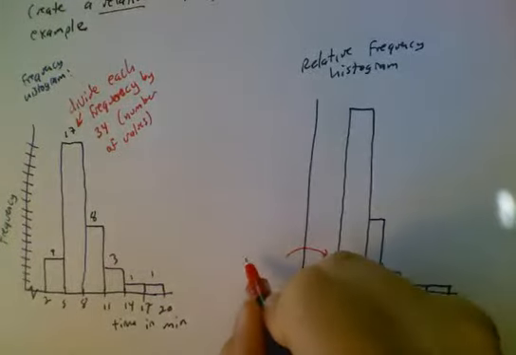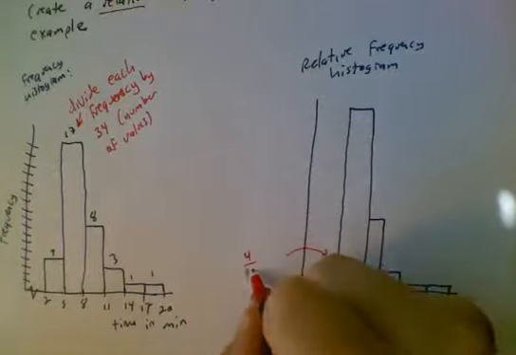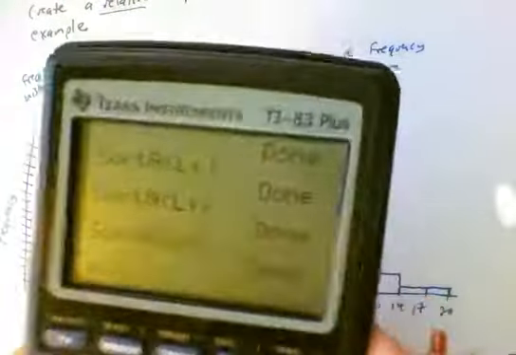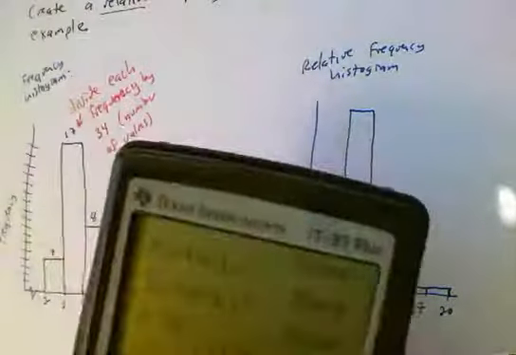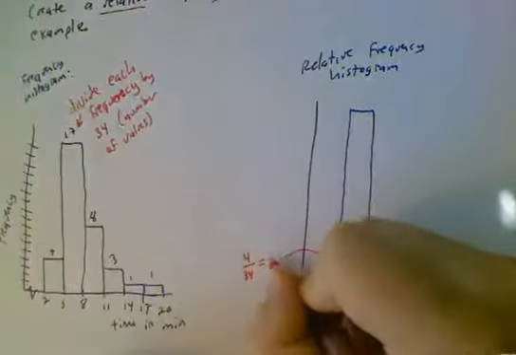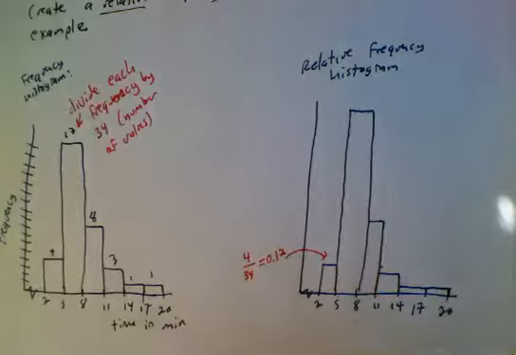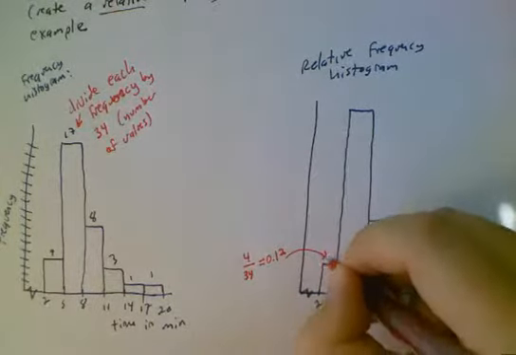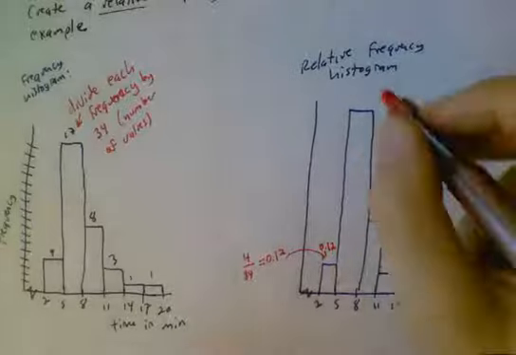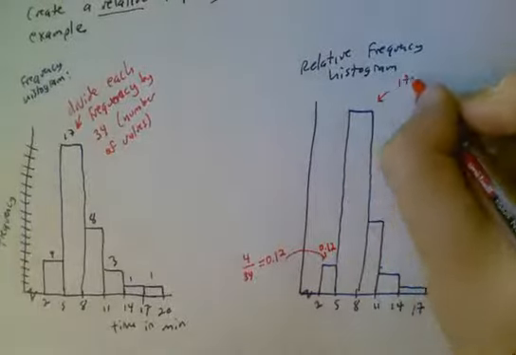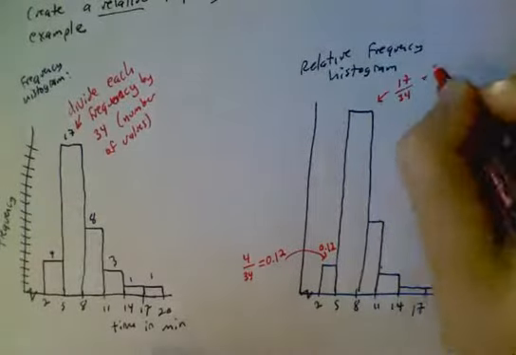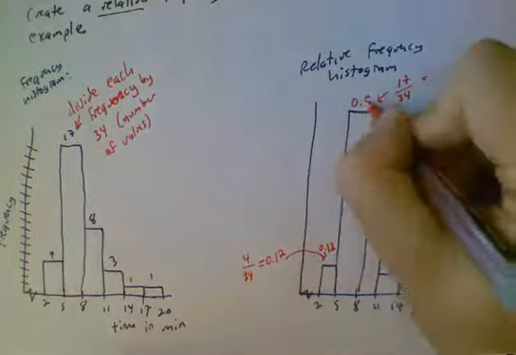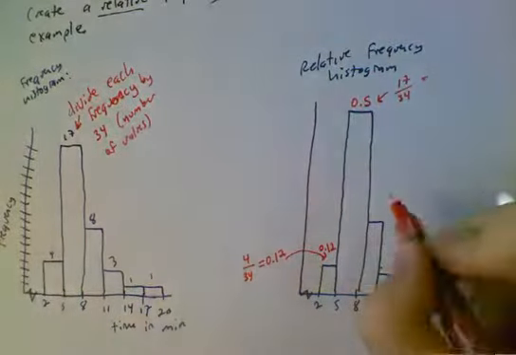But now this one is 4 divided by 34. Go ahead and round to 2 places after the decimal. So I'm going to label this 0.12. This one is 17 divided by 34, or 0.5.